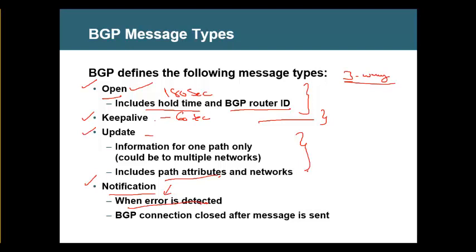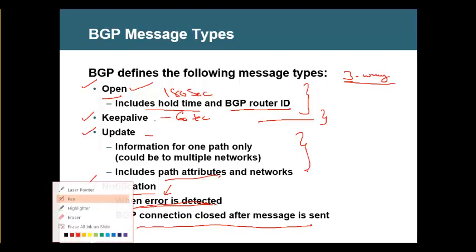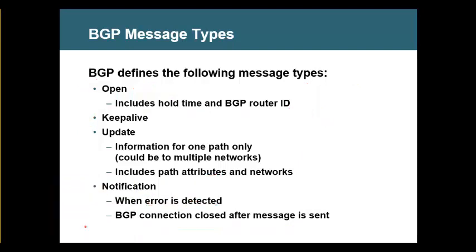Immediately after sending a notification saying a network has gone down, or something like a neighborship policy change, when an error is detected, the BGP connection closes after this notification is sent. So before closing the BGP session, the last packet to the neighbor is what is called a notification message.